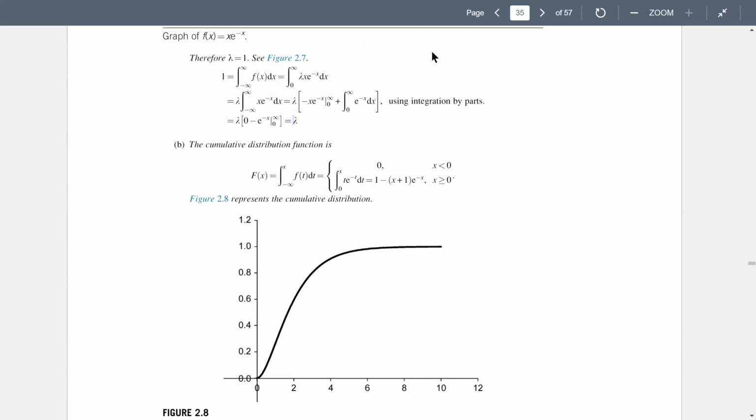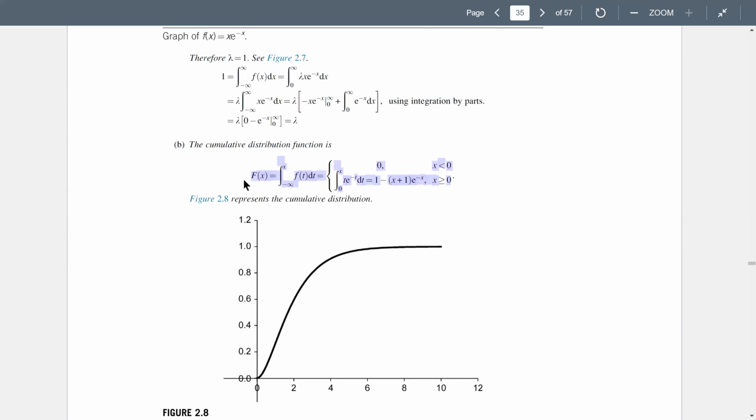Once you get the function to this definition for PDF, you can then come back and integrate the cumulative area to the left of any specific x value. Here is a formula. Now that lambda is 1, f of x is x times e to the negative x.